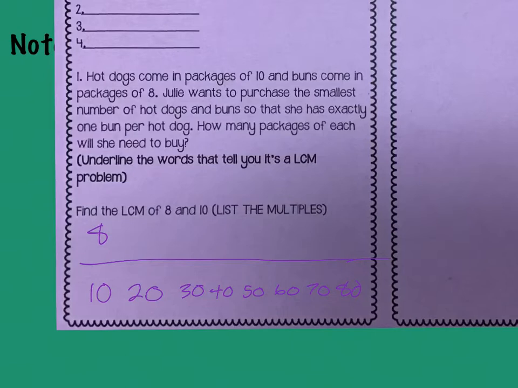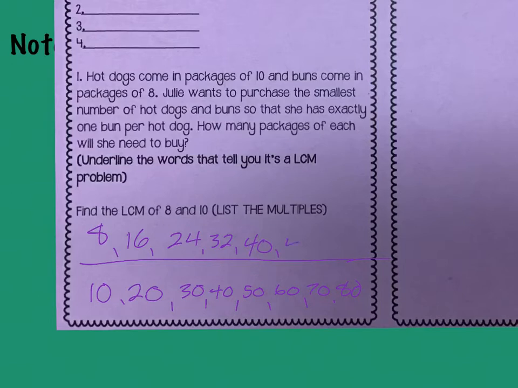So the multiples of 8 now, we have 16, 3 times 8 is 24, 4 times 8 is 32, 5 times 8 is 40, whoops.